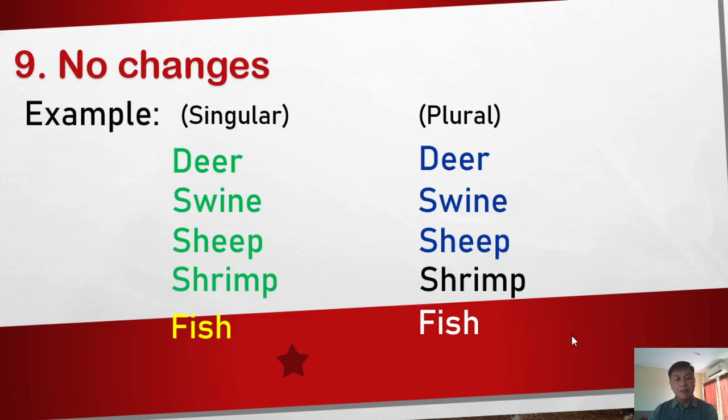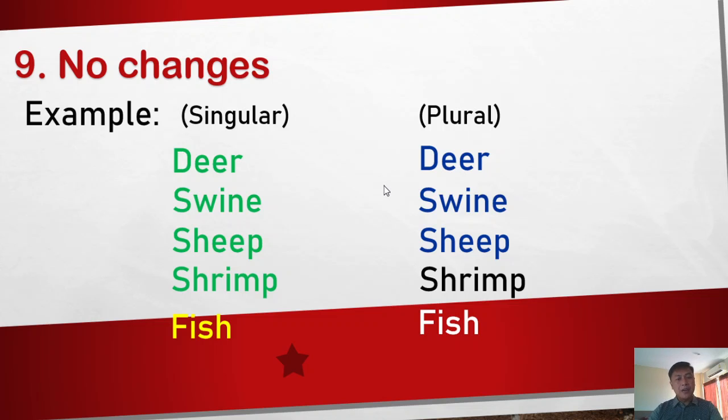They have the same spelling. So again, deer, swine, sheep, shrimp, and fish. Okay, that ends our lessons.